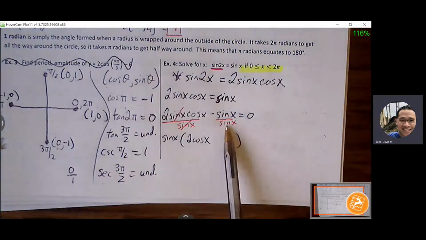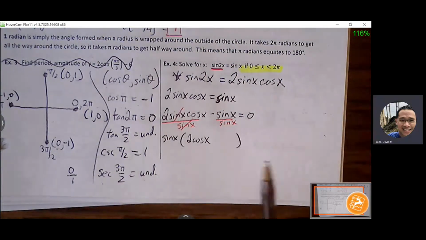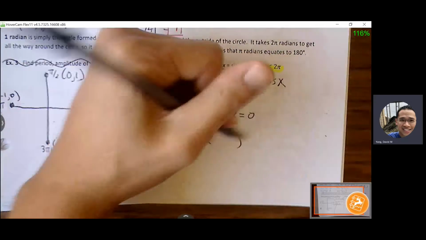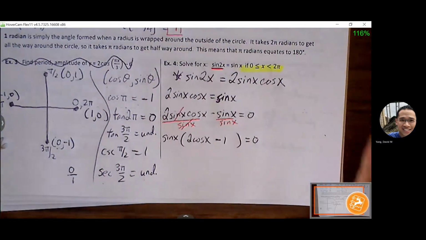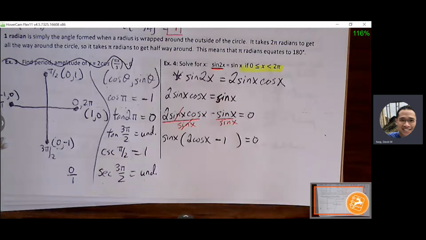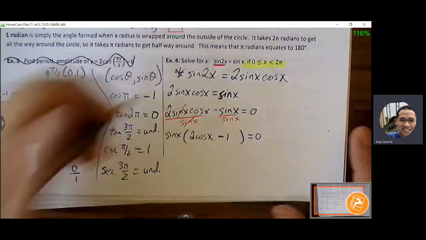How about here? Good, it's not 0, we don't want to make that 0. If I cancel those out, there's still 1 left over. Now that we have factored form, we can set each piece equal to 0 and gather all the solutions. We're not losing a solution because we're not dividing that sine away. We're keeping track of it.